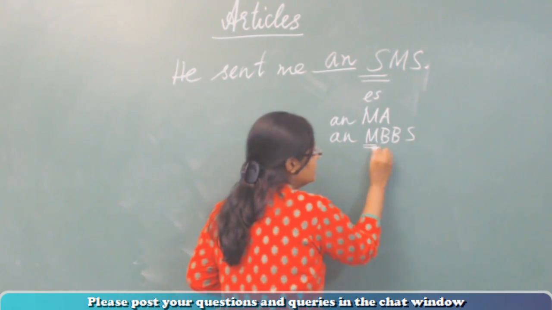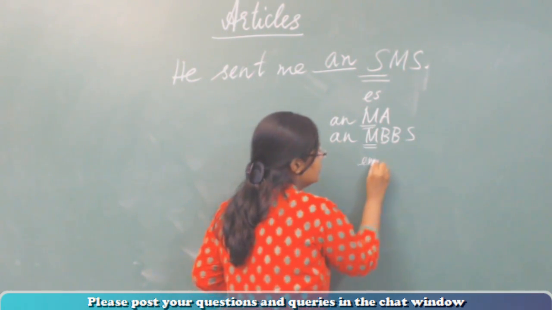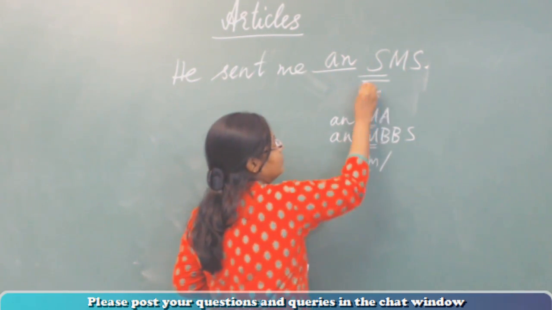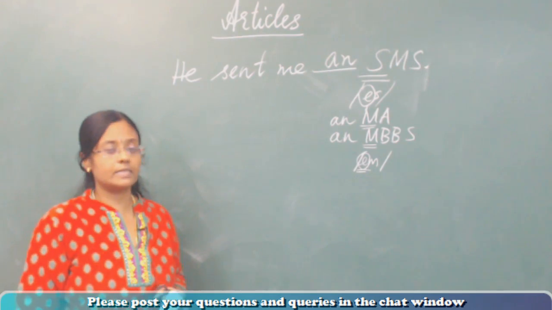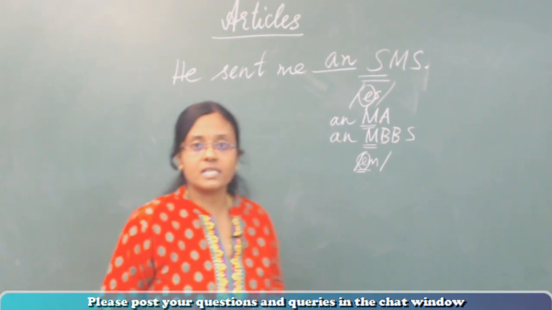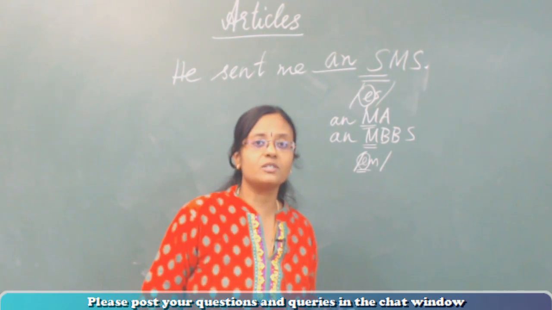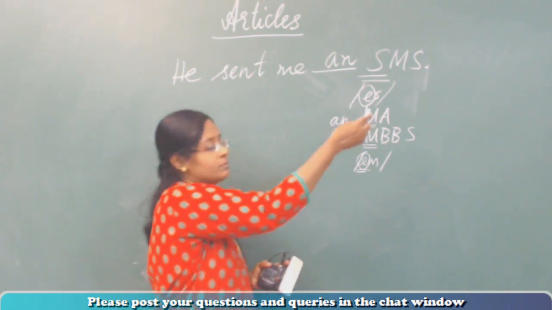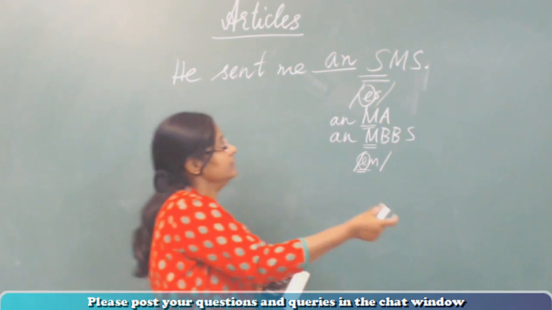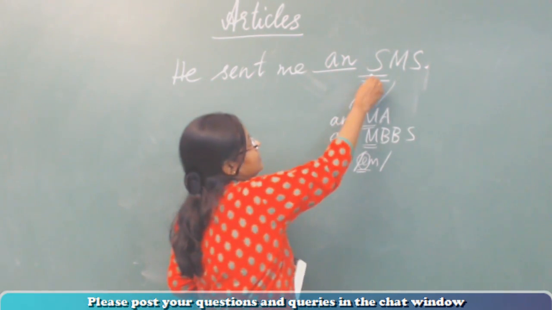Because the letter M, when you pronounce it, is M. So this sound, you see, it's a vowel sound, right? That's the reason behind this. So never say, I will send you a SMS. I will send you a SMS is wrong. It should be an SMS, because when you pronounce this abbreviation letter by letter, it is a vowel sound.